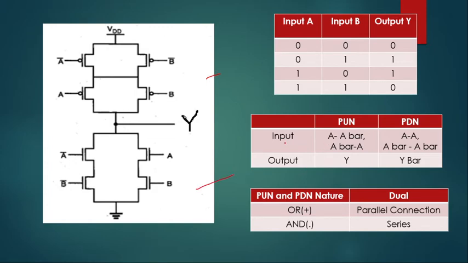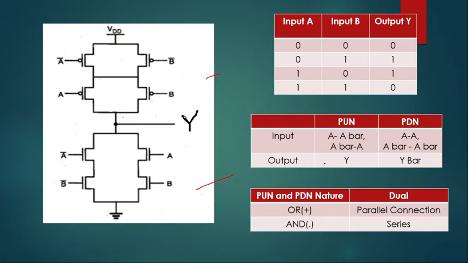For the pull-up network, when the input is A, you will write it as A bar. When the input is A bar, you will write it as A. For pull-down, if the input is A, you will give it as it is, and if the input is A bar, you will give A bar as it is. That means for the pull-down network, you do not change the input.